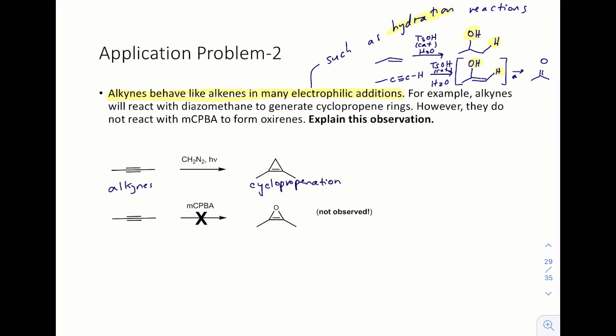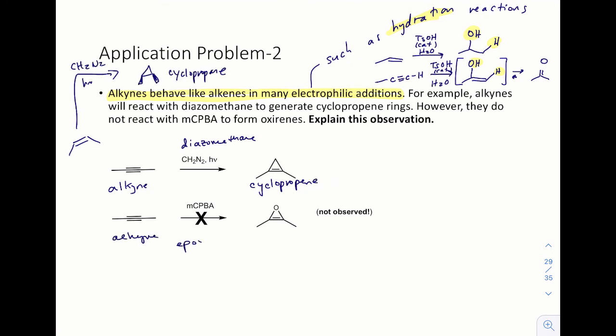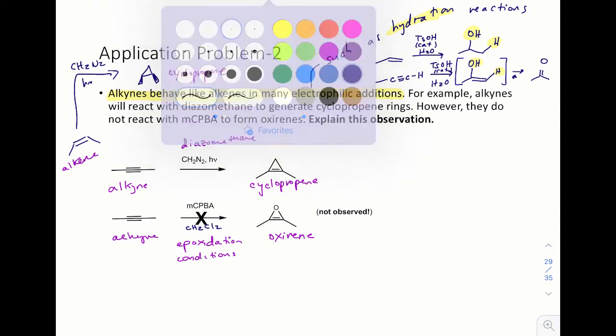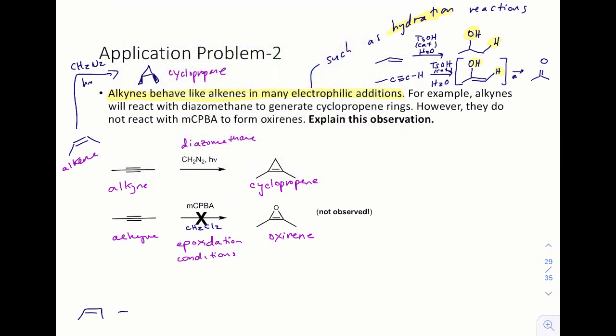Although alkynes will undergo cyclopropenation with diazomethane, analogous to the conditions under which alkenes undergo cyclopropanation with diazomethane, alkynes do not undergo epoxidation, which would generate this species called an oxirene and would represent a process analogous to the epoxidation of alkenes under the same conditions, which does occur to form epoxides.